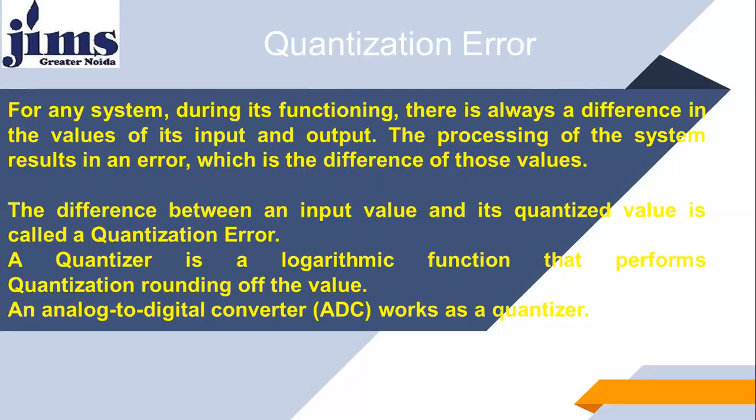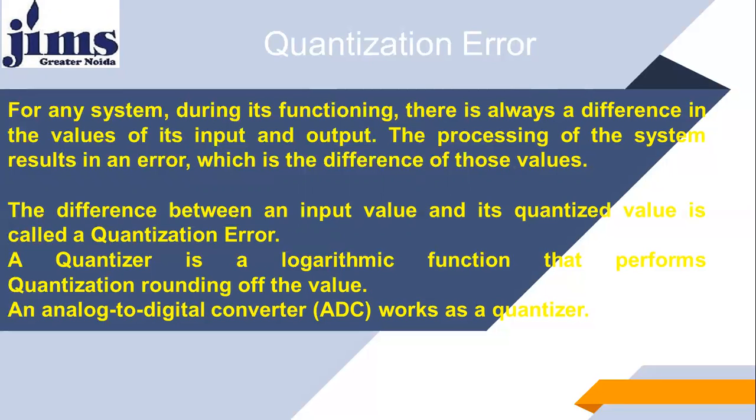So in the quantization process, if you take a step size of 1 volt, then there is a possibility of error whose range starts from 0.1 volt to 0.5 volt. Clear? Right? So the difference between an input value and the quantized value is called quantization error.